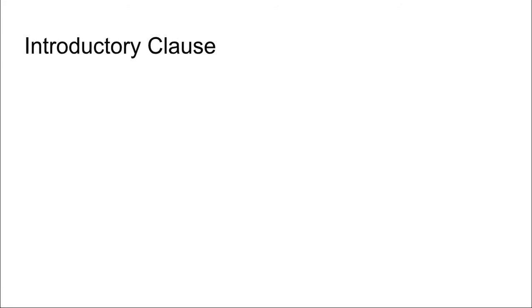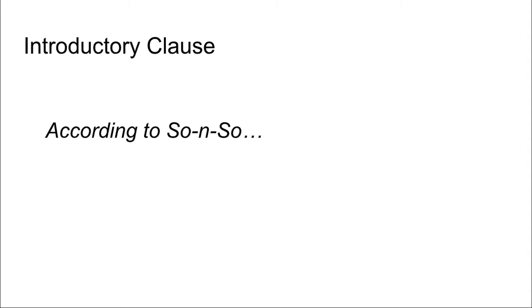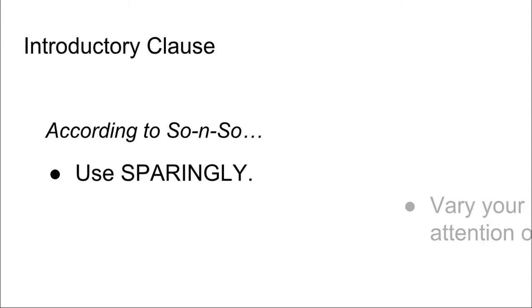Often, the authority can be introduced to the reader or audience in the introductory clause. The most well-known of these is the "according to" clause, as this lets your reader or audience know that this fact came from someone with authority on the subject. Be wary, though, of overuse of this particular phrase.